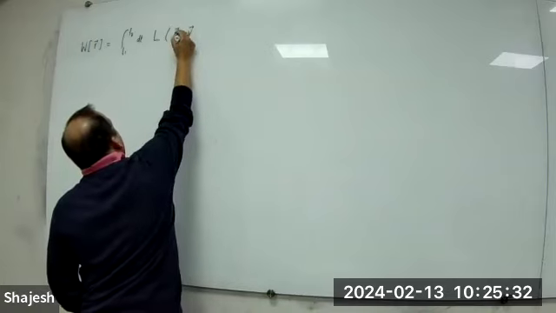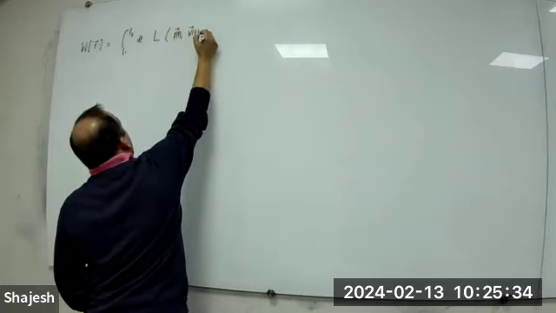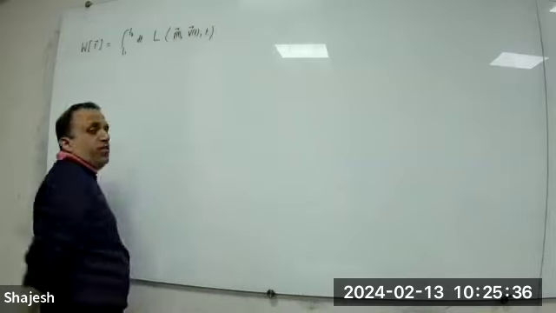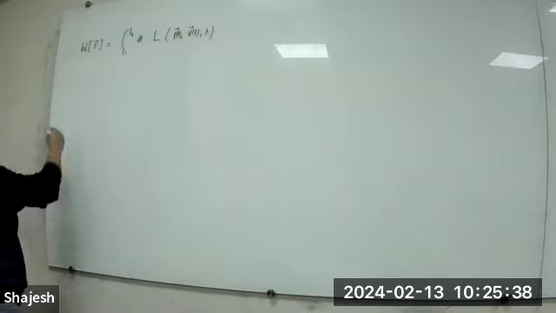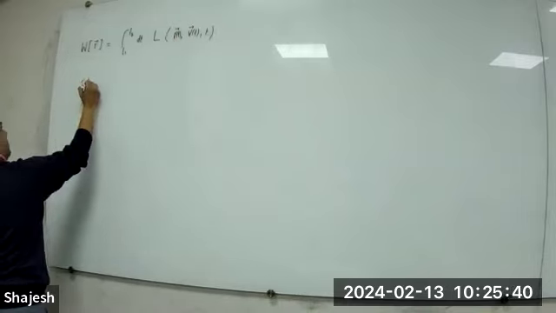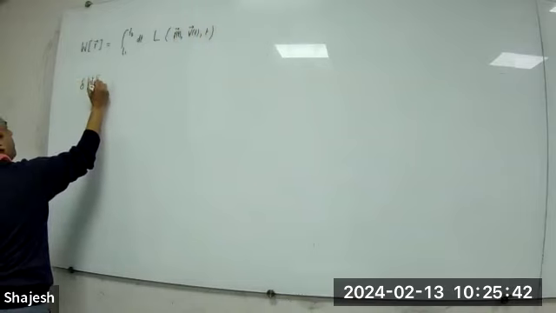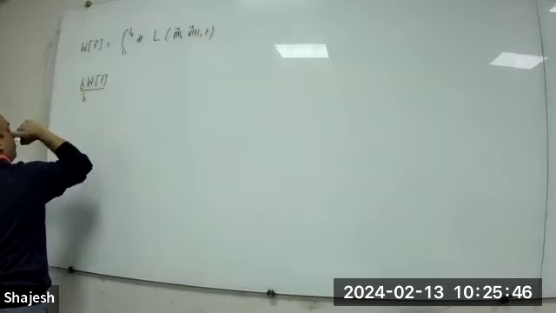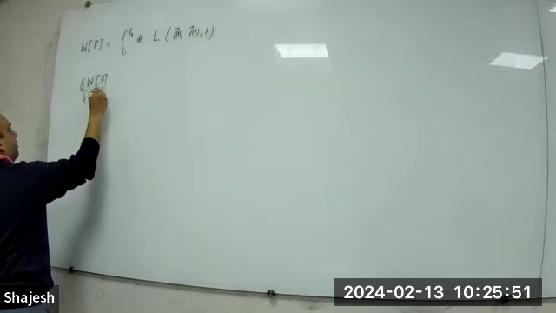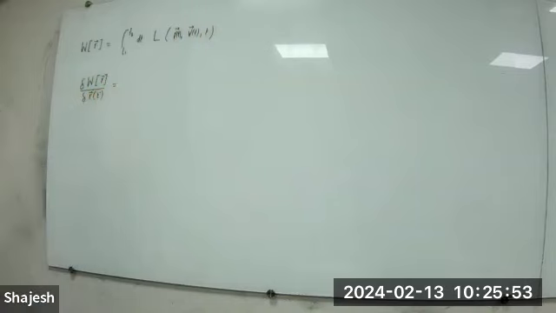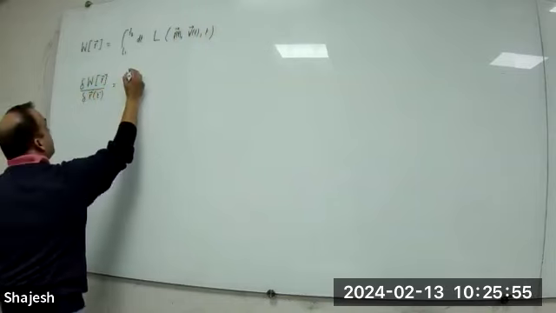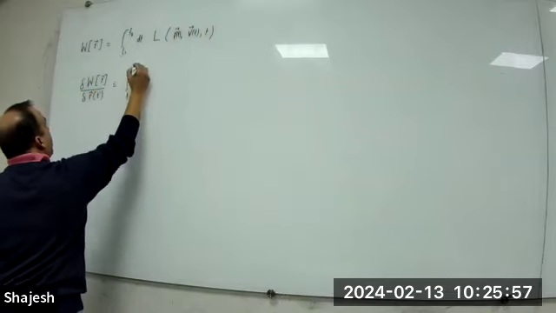That's t. What is the functional derivative of the action with respect to the trajectory? This will be equal to, anyone?